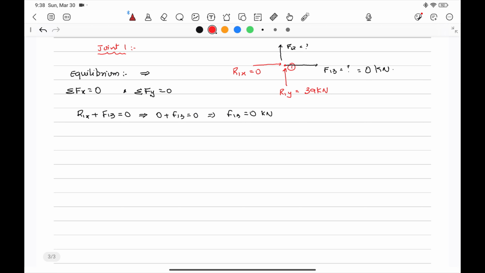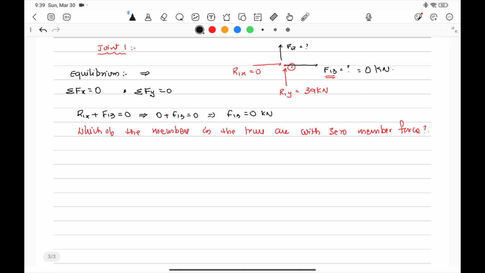The question is, which of the members in the truss are with zero member force or null member force? That means the answer is F13 is null force. There is no force. A member with no force is F13.